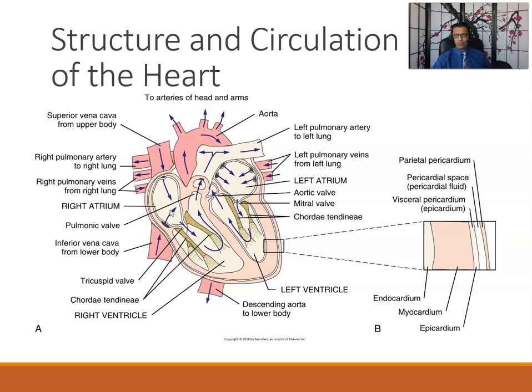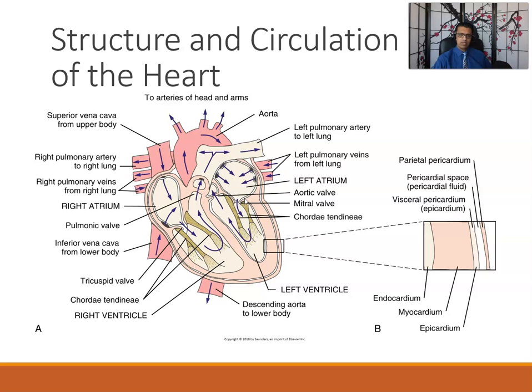We call that the blue blood, right? It goes through the right atrium and the right AV valve. This unoxygenated blood gets pumped from the right ventricle through the pulmonary trunk, and via the pulmonary arteries goes to your lungs. The lungs oxygenate the blood and return it via pulmonary veins into the left atrium.